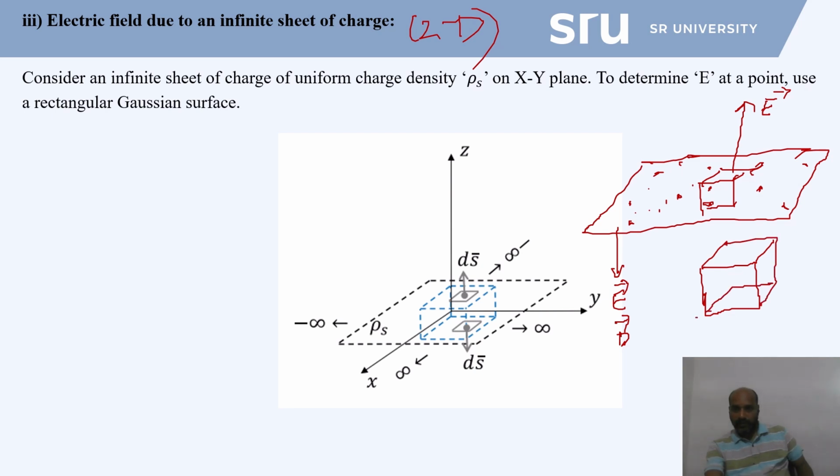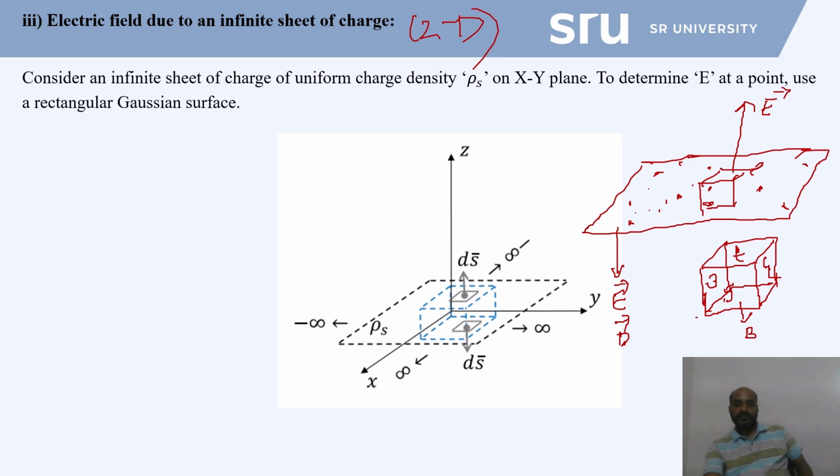Now for this Gaussian surface, there are six surfaces. The first two are the top surface and bottom surface. Third and fourth are the two side surfaces. Fifth and sixth are the front and rear faces. Right?